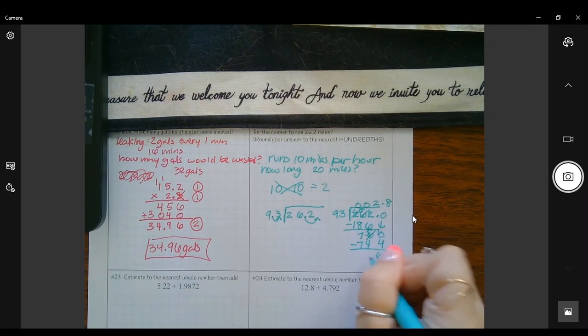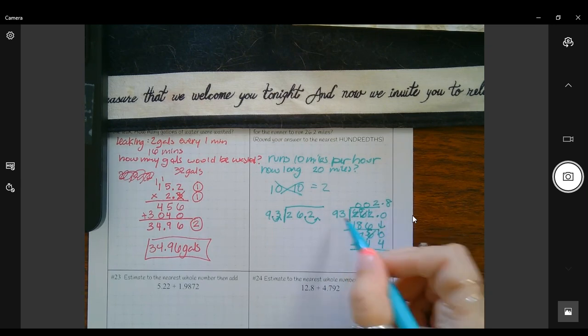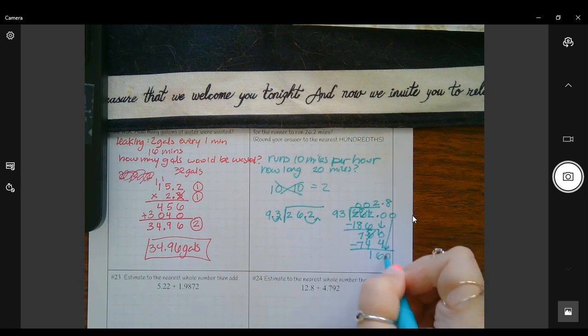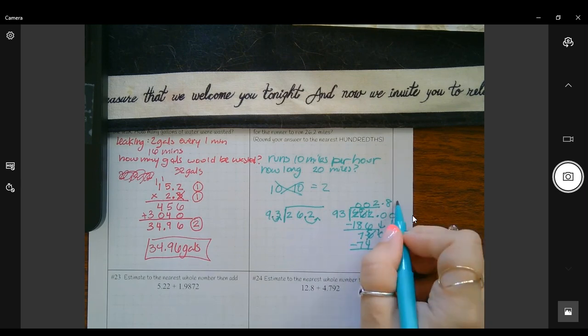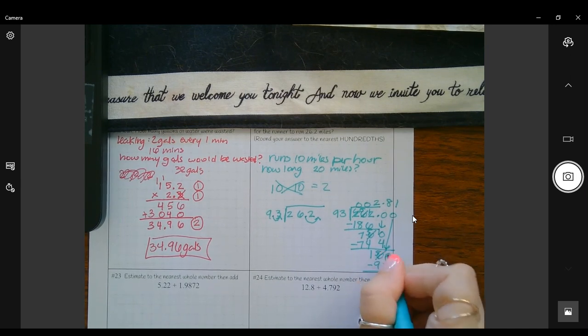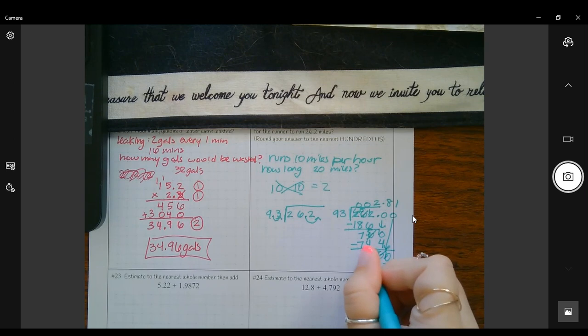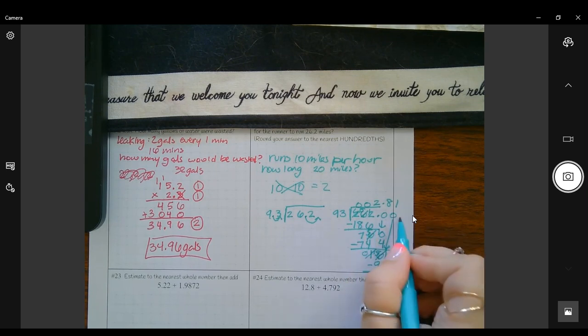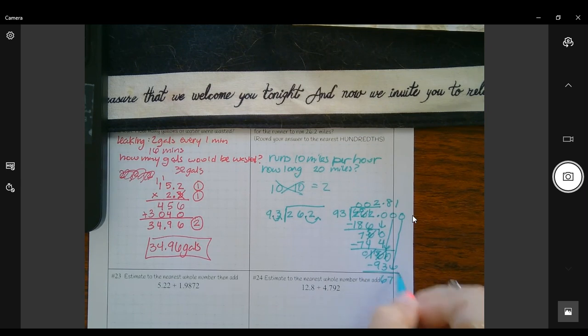Subtract that, and you get 16 left over, which is less than 93. So we're good to bring down another number. And 93 goes into 160 once. Subtract that, and you get 67, which is less than 93. So good to keep going.